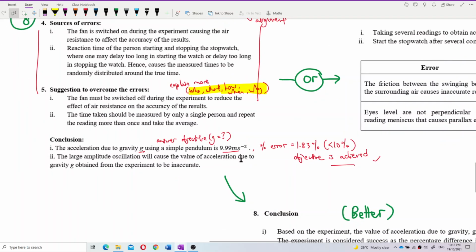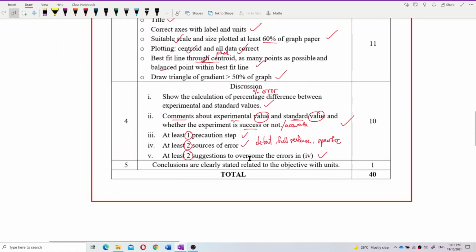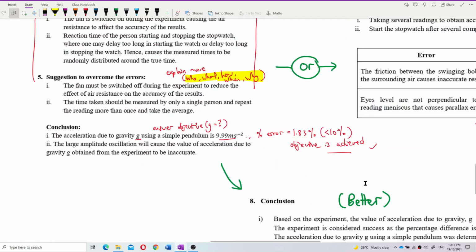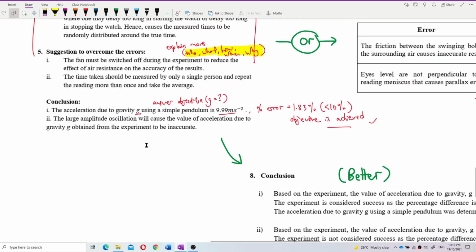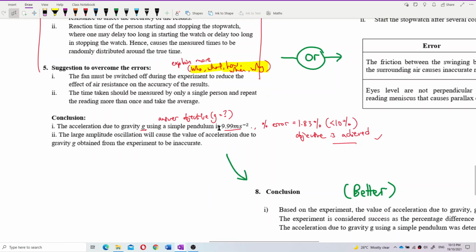So not so good. So this one you get a little bit, less 1 mark. Okay. Because first of all you must give the value. This is actually the required value.